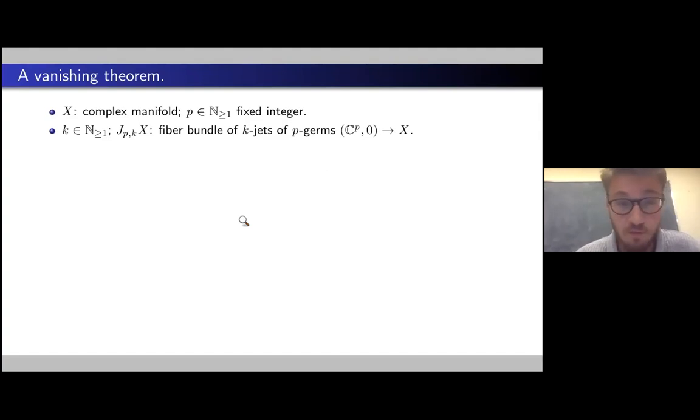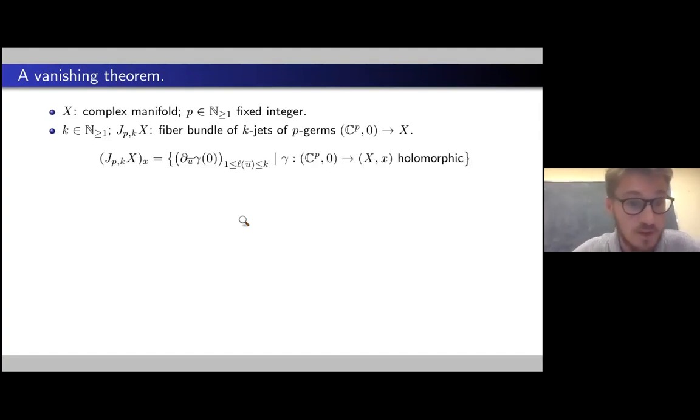We'll describe the fiber over a typical point. So we take x a point in X. Then the fiber of this fiber bundle is the following. We consider the germs of holomorphic maps from C^p to X that pass through x, and we consider all their partial derivatives up to order k.